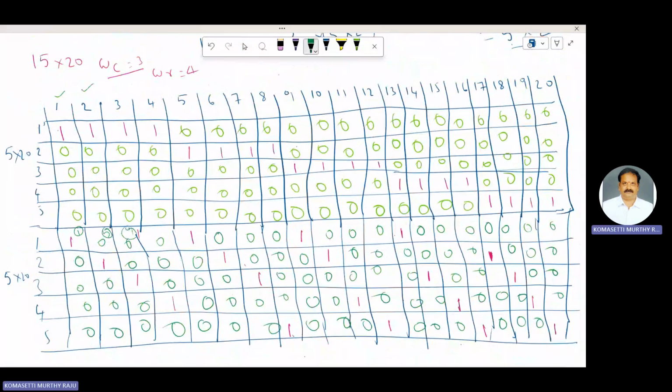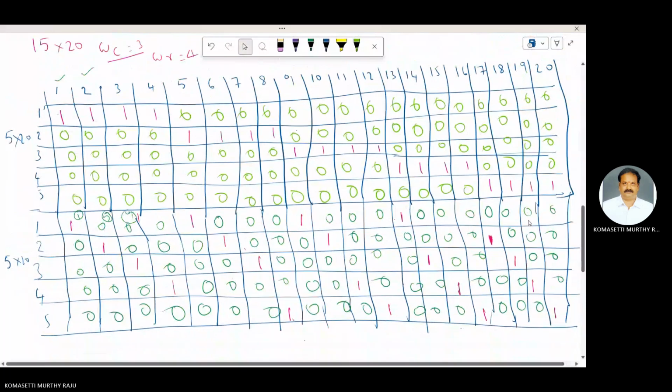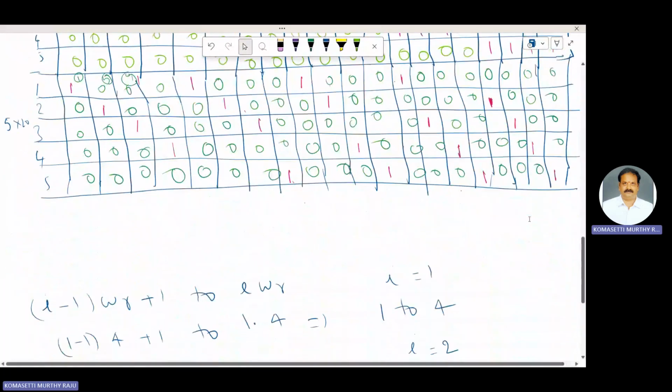In that fashion, you have to randomly interchange the columns of the first submatrix to obtain the second submatrix of the H matrix. Now we will see the third one.